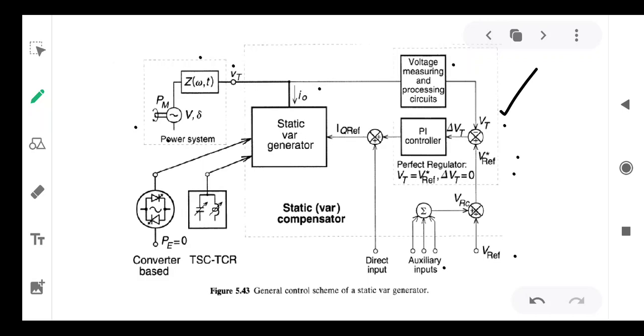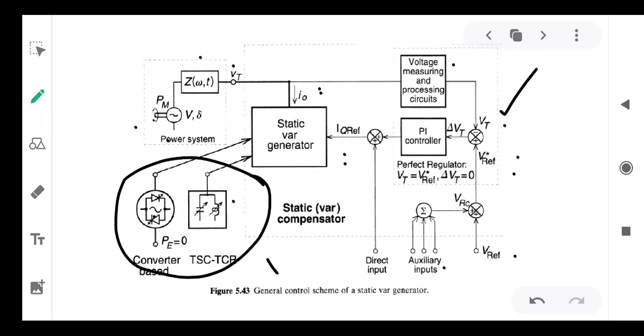Here you can get the direct input, for example, delta F, such kind of inputs, to get the IQ reference for the static var generator. Now the actual value is compared with the reference value of the current, and an error is generated in order to control the SVG. So with the help of internal control, this SVG, either STATCOM or SVC, can be controlled.